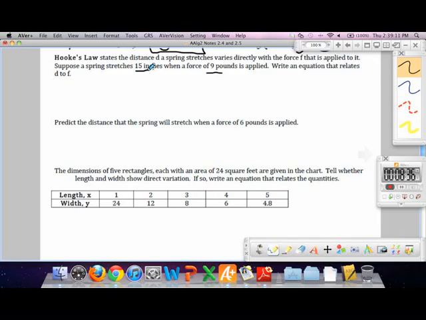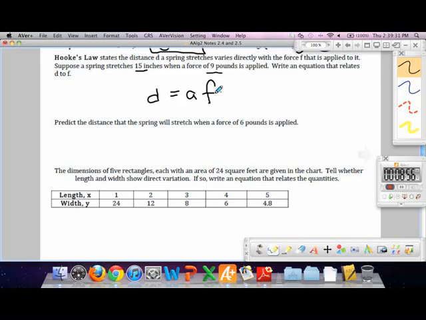Then if you know the constant and you know, say, a force, you could find the distance from there. If you have your skeleton guy there, then you could say distance is 15. So you have 15 equals the constant times 9. Then you could use that to find your constant.